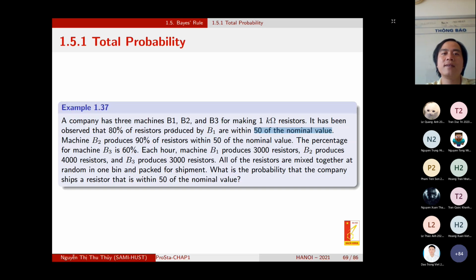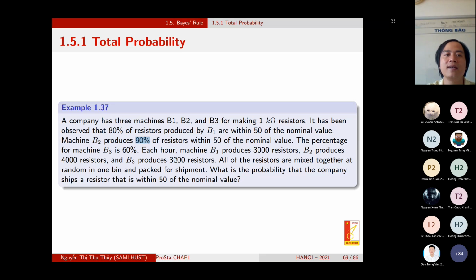And from the experience, we say that only 80% of resistors are accepted if they are made from machine B1, and for machine 2, the percentage is a little bit higher, 90% is accepted.